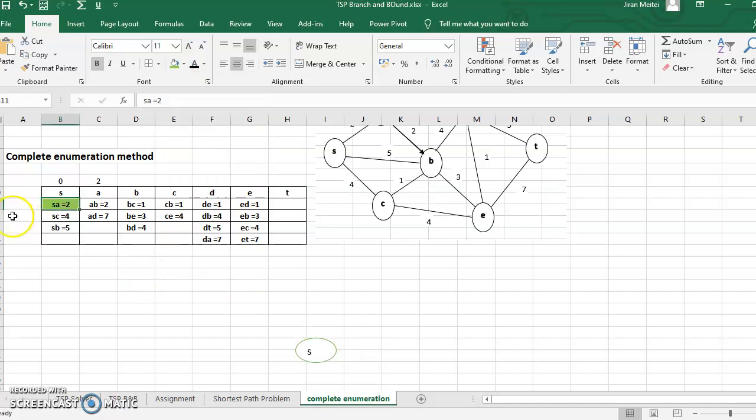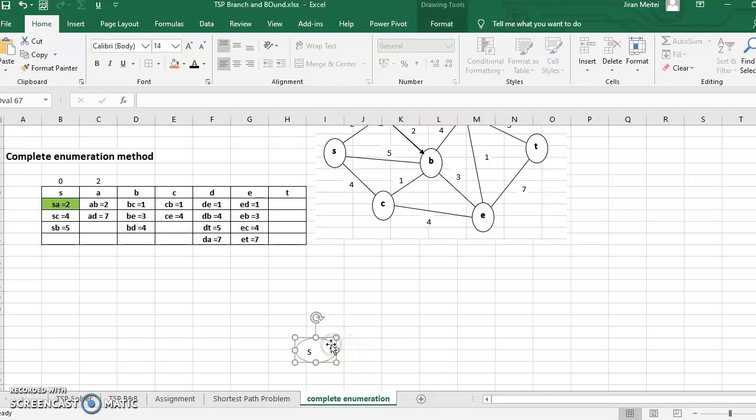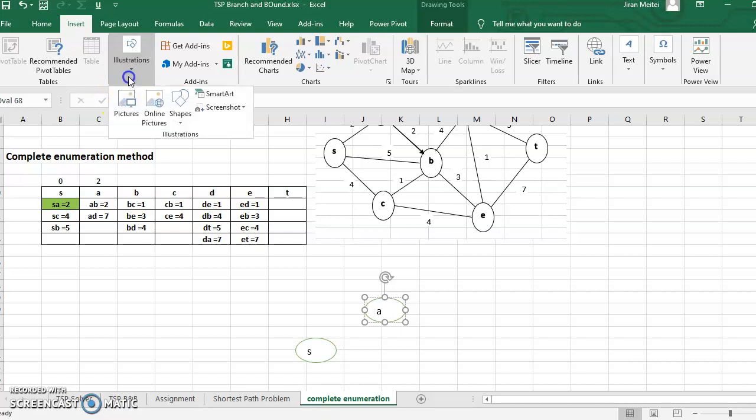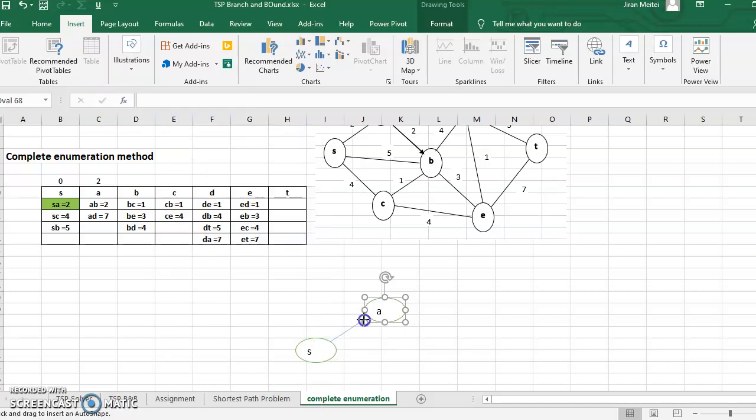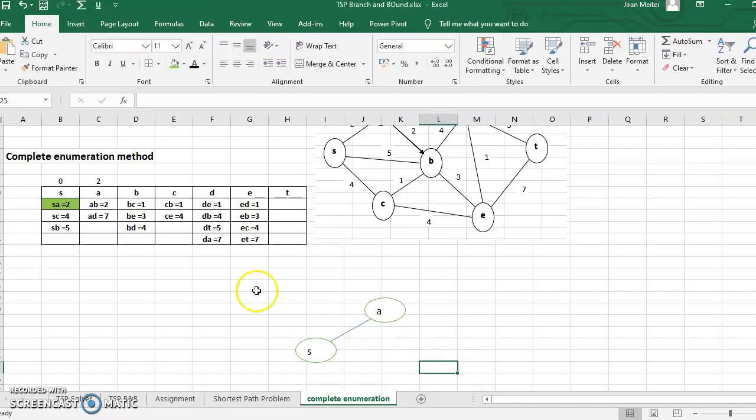So you are connecting from S to A. This is going to be your A. So what I'll do is I'll connect these 2 nodes. From S you have gone to A with a distance of 2. Now the current tree has 2 nodes, S and A.